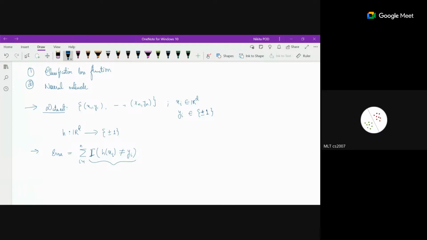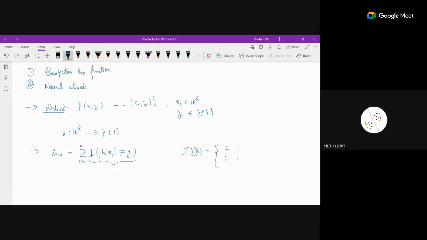So for any indicator function, let's say I want to check x. In this case, x is h of xi not equal to yi. So indicator of x means if whatever is inside this function is true, we are going to give it as 1.